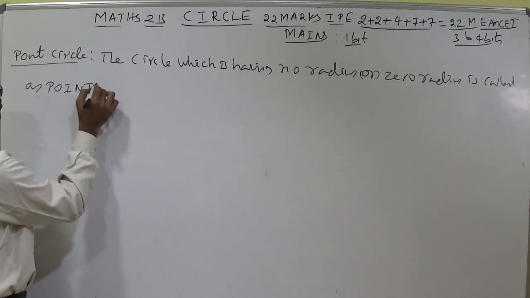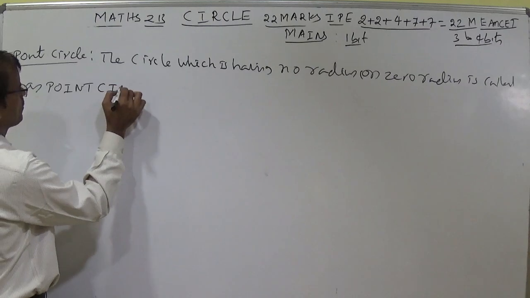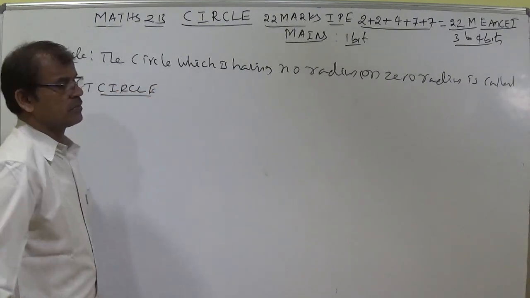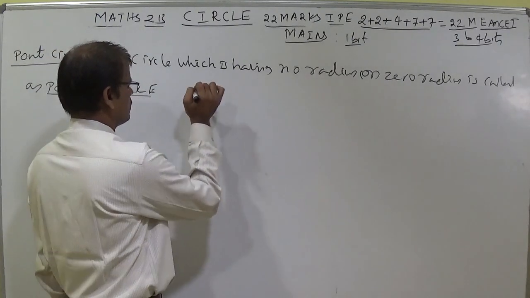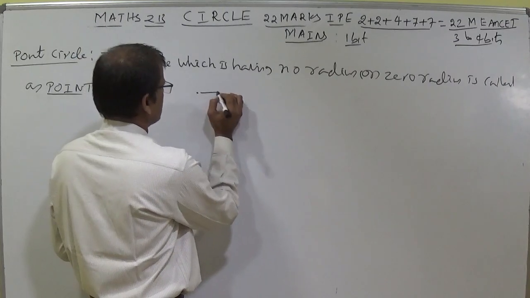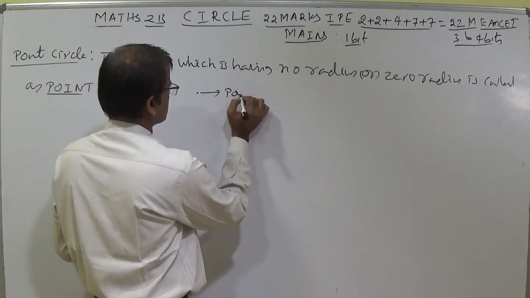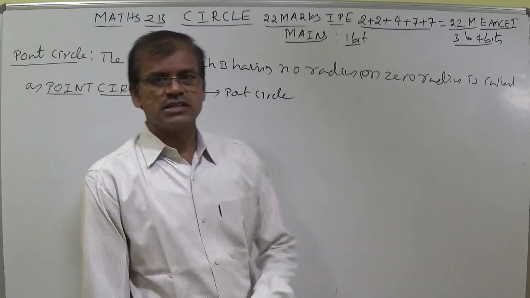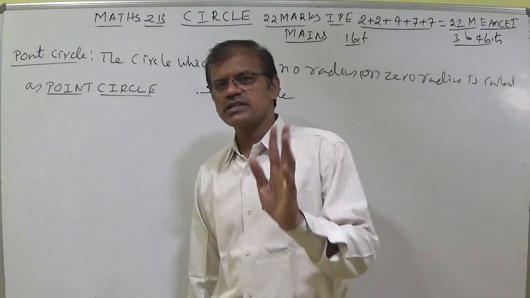This is the important definition. That's all. It's a point. It's a circle like this. It is a point circle. So only one point. The center is itself and the point is itself.